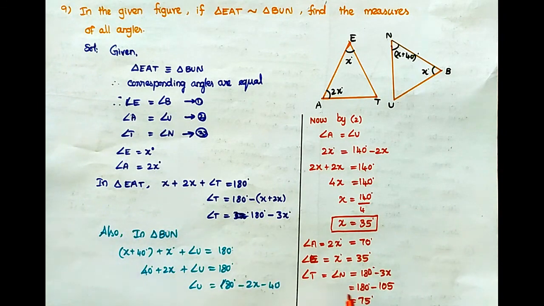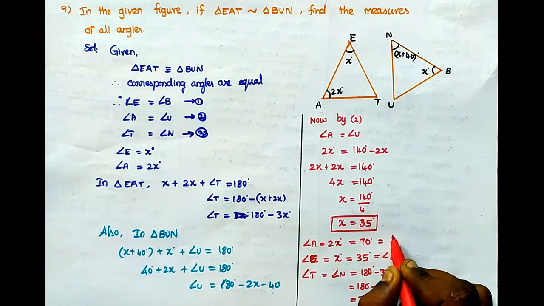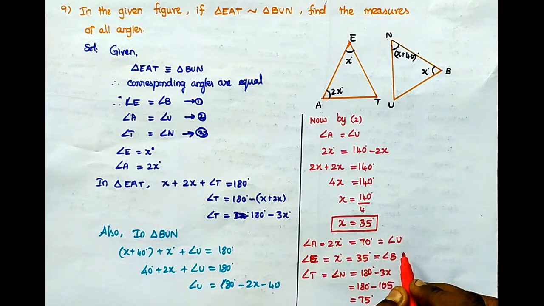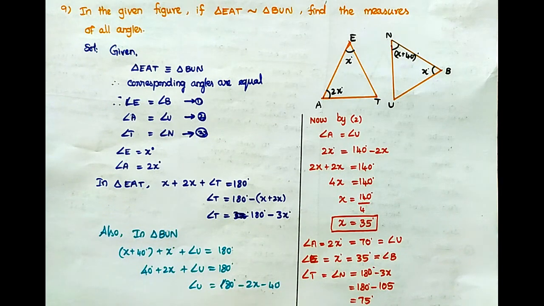That is angle T and N. Next, angle E equal to angle B. Angle E and B equal to 35 degree. Last one, angle A equal to angle U, that is also 70 degree. That is the answer.